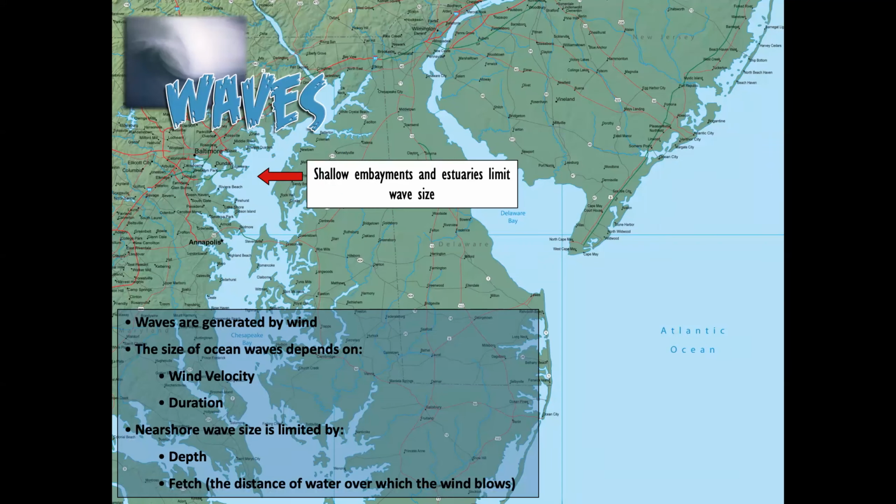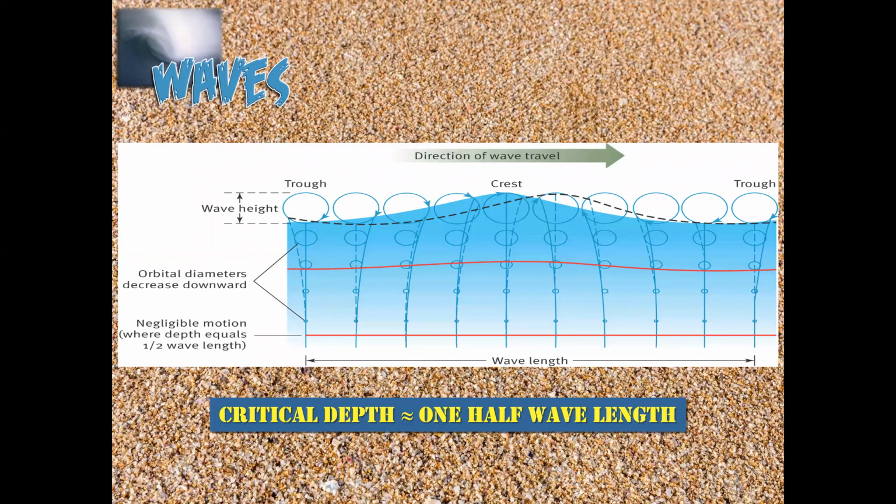But if the wind is blowing over the Atlantic Ocean, it can blow over a much, much longer area, and as a result, waves can be bigger. So here you have a narrower fetch, smaller waves; longer fetch, larger waves.